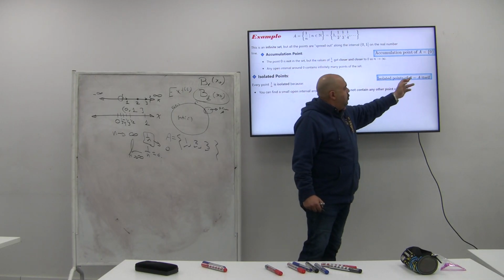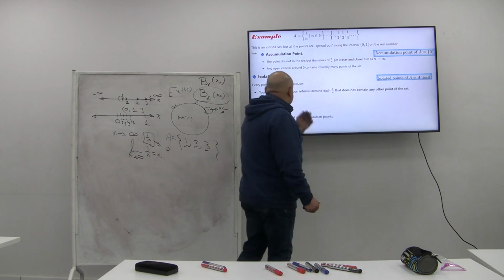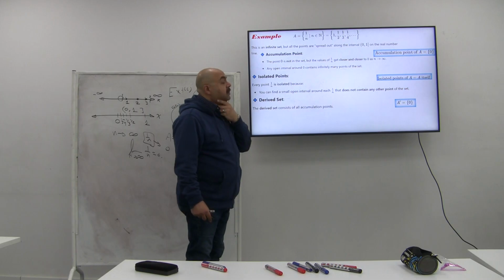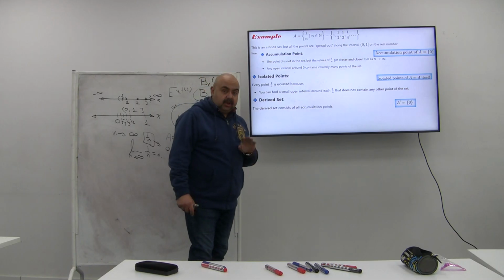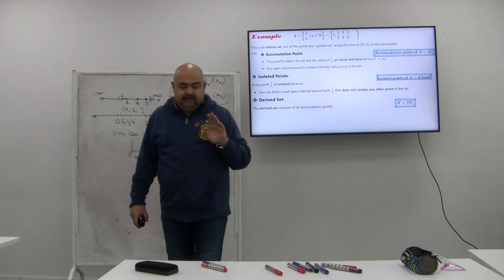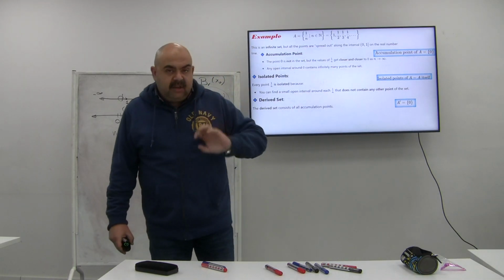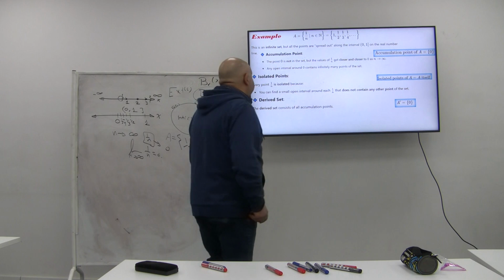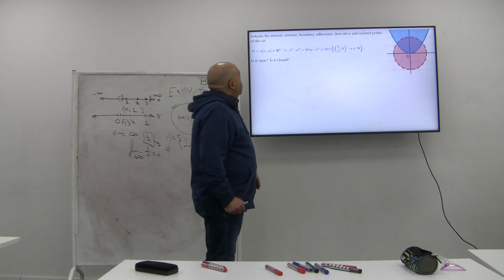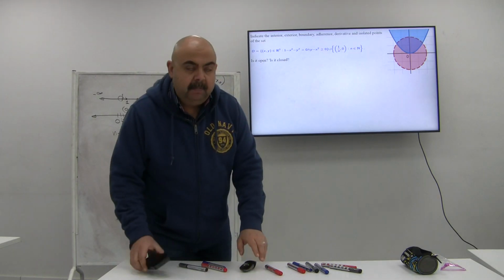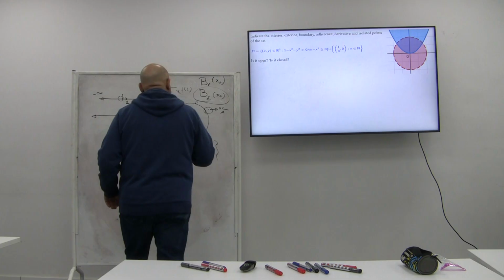So A itself is a set of isolated points, as I told you. I hope this example shed light exactly on the differences between the accumulation point, the isolated point, and the derived set definition. This example also is really very important because it will make things clearer for you.